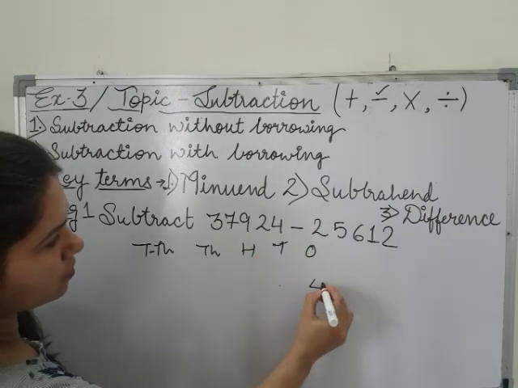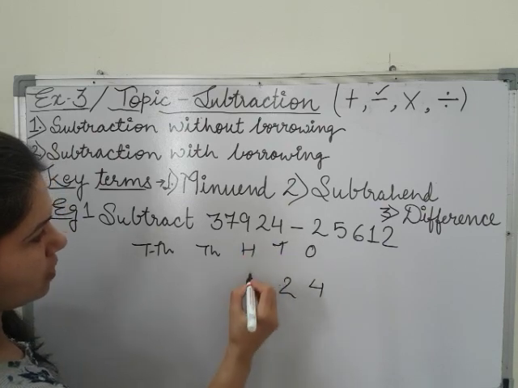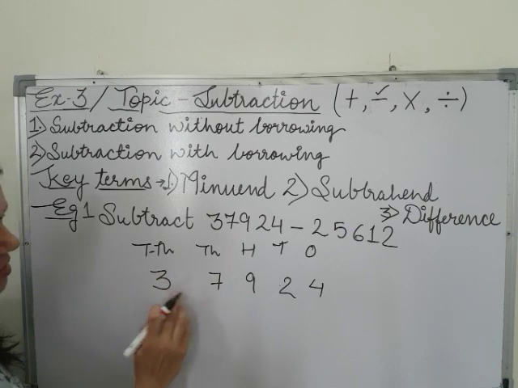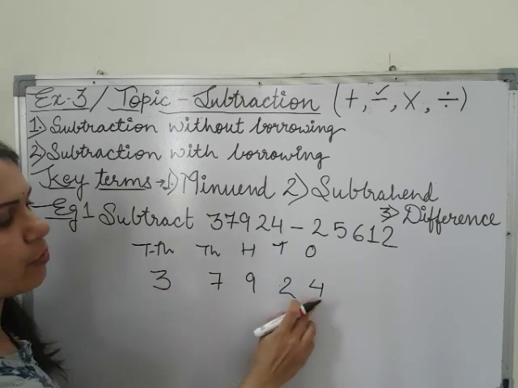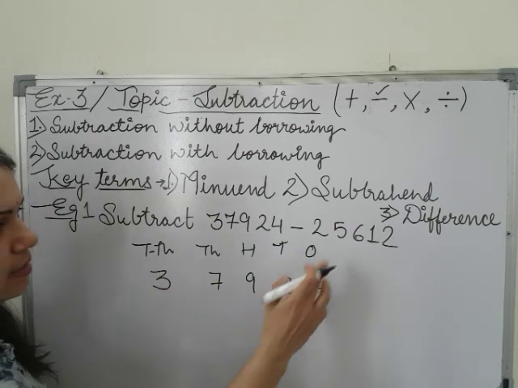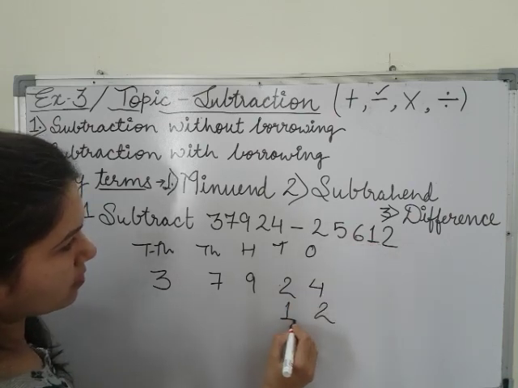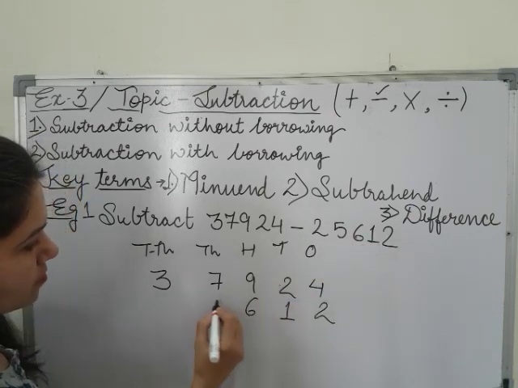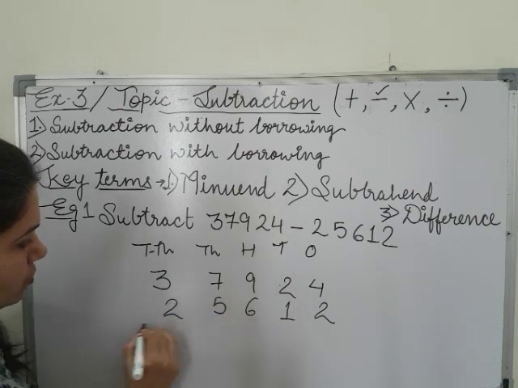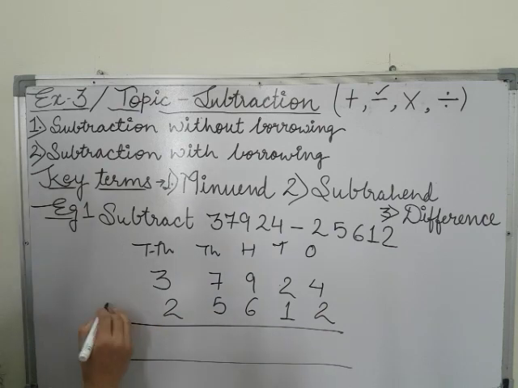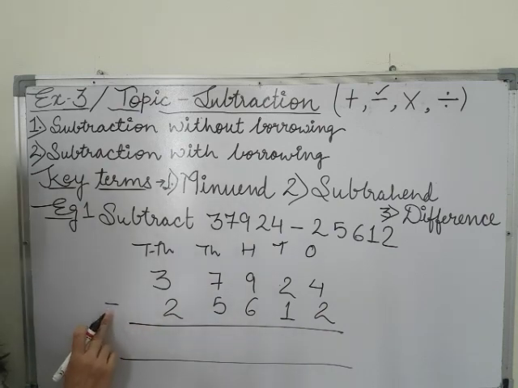So 4, 2, 9, 7, 3, it's 37,924. Now we are writing the next number, which is 2, 1, 6, 5, 2. We have written these two numbers and we are putting the symbol of subtraction.